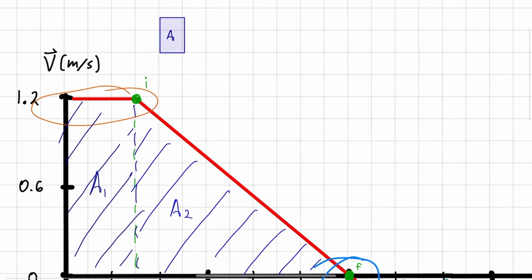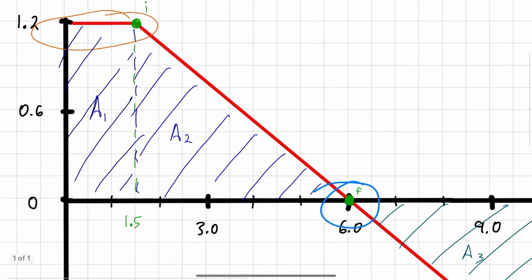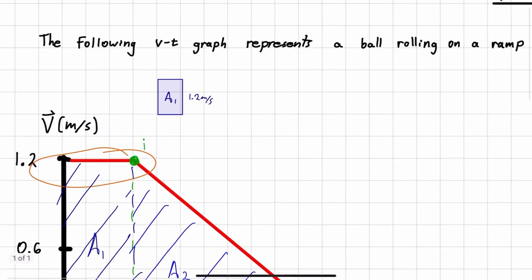So we know the height of A1, 1.2 meters per second. And what's the base? 1.5 seconds. So the area we know is base times height.